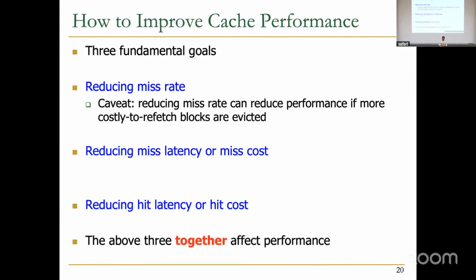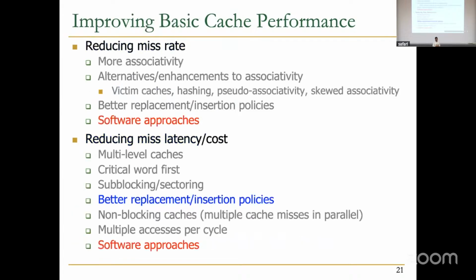As I said, all of these optimizations are very hard to come up with that improve all metrics. So I'm going to show some examples of how we can improve cache performance by optimizing some of these metrics.